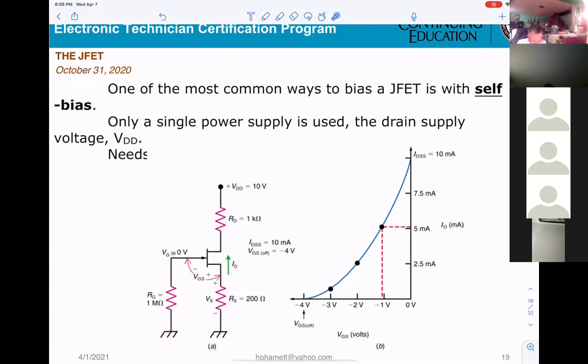To work with self bias, there will be more work to be done. One of the most common ways to bias a JFET is self bias. Only a single power supply is needed, that means they're using only one VDD, the drain supply voltage VDD. Basically, it determines whether the JFET will be on or off.